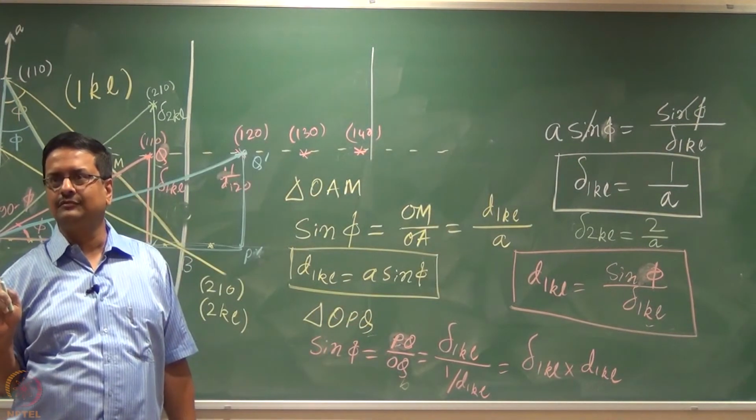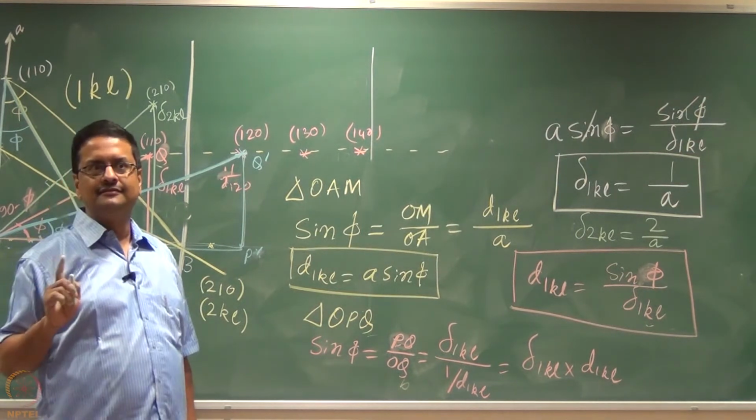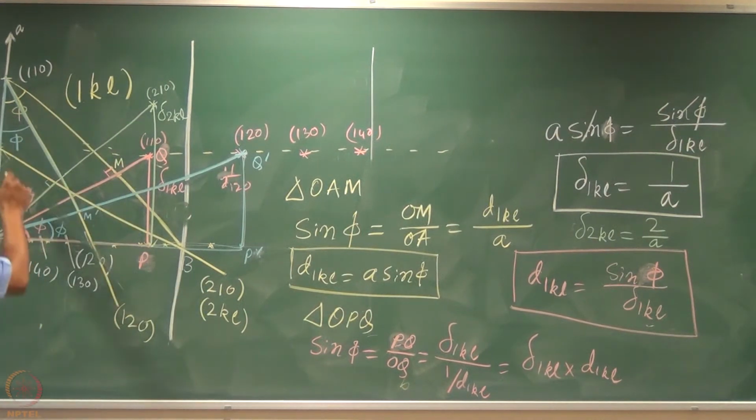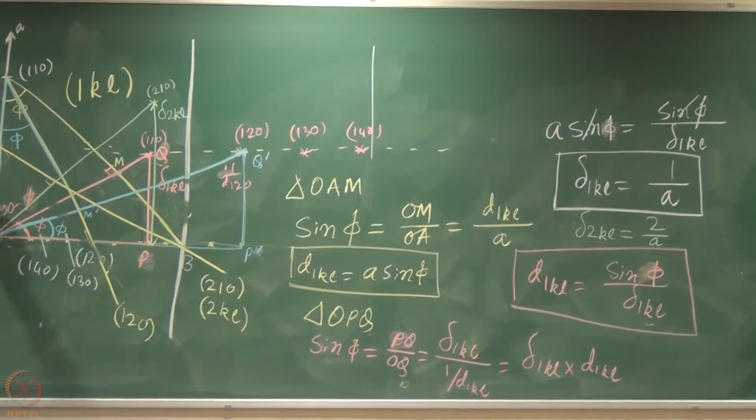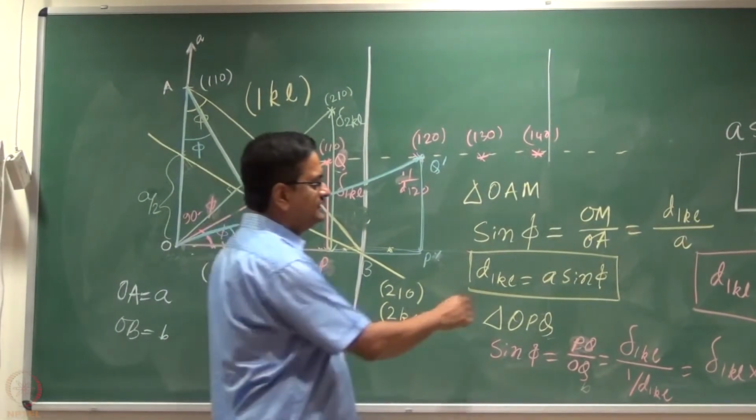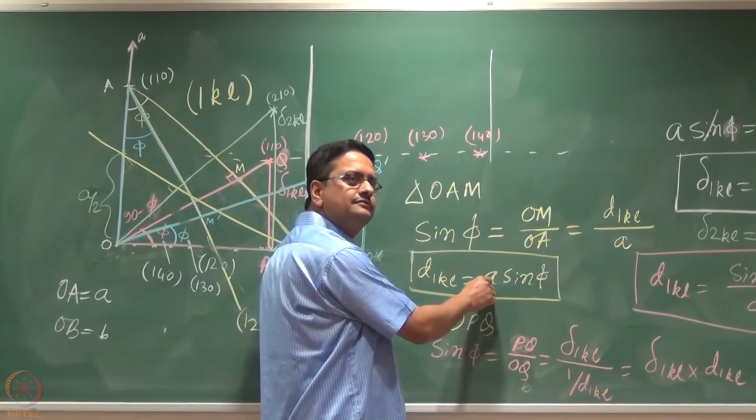Everybody understood why 2 by A? Because this has now become A by 2. So whatever was A is becoming A by 2.